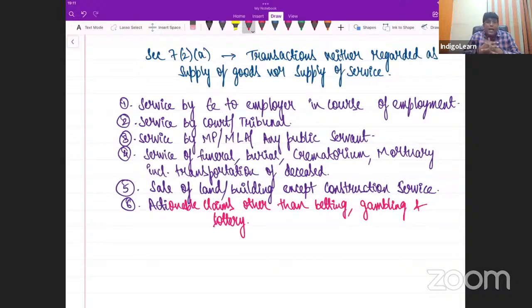Fifth, sale of land and building, except construction service. So if I buy any apartment before completion, then definitely it is taxable. The builder or the person who is constructing the apartment will definitely ask us to pay GST. And what is the last one, guys? Actionable claim other than betting, gambling, lottery. Very, very important.